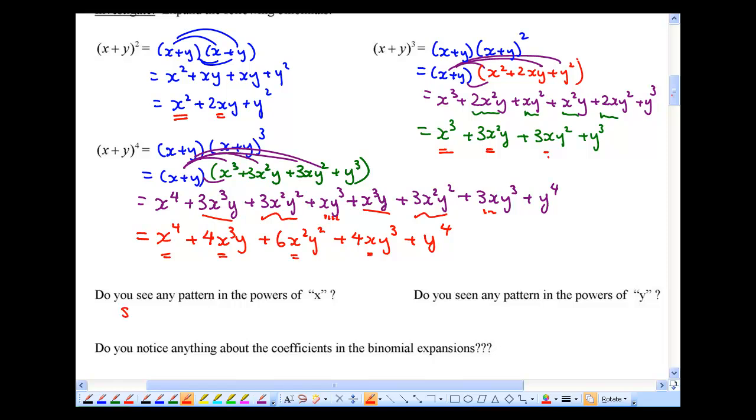Seems like you start with the highest power, and it goes down by 1 with each successive term.